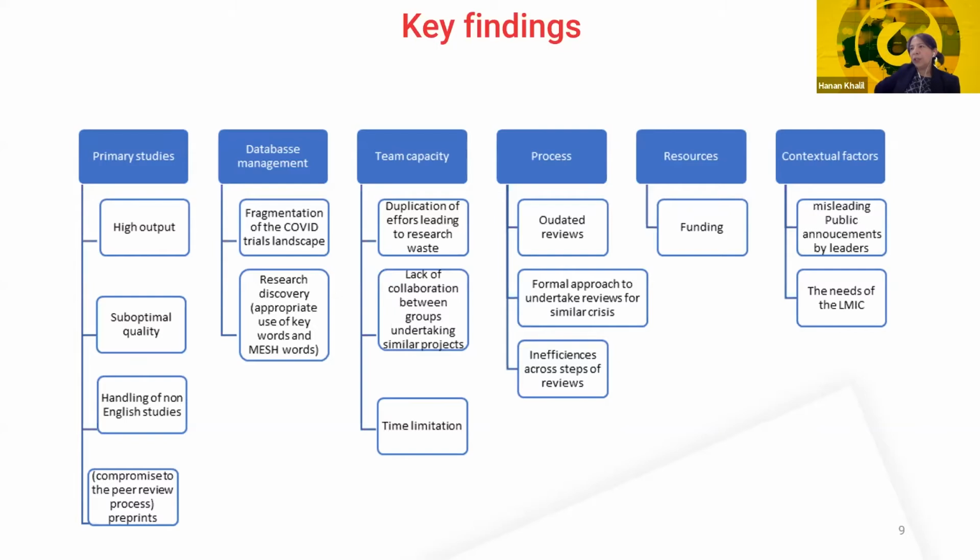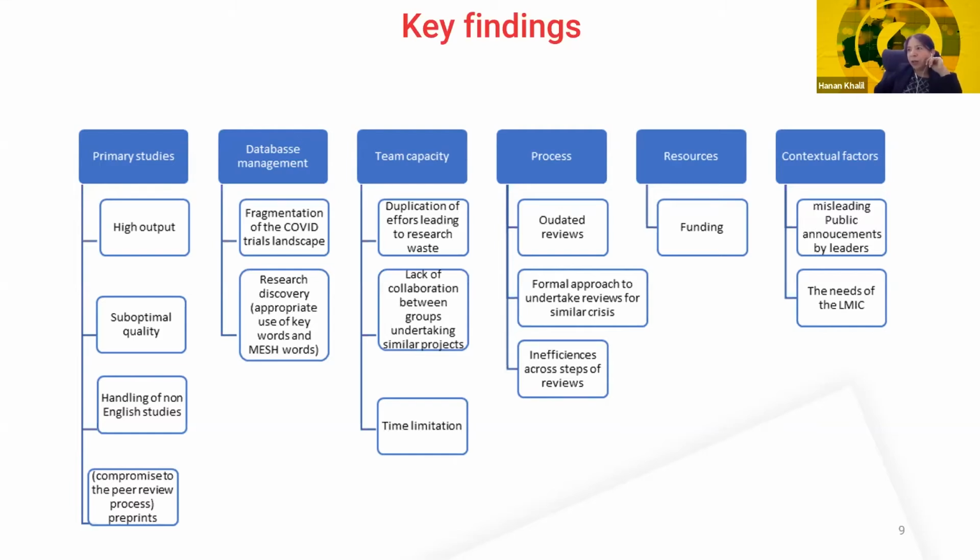There were also database management issues, so things like fragmentation of the COVID trials landscape. A lot of grants and funding have been thrown at research, management and treatments for COVID, and many platforms have been initiated for this, and many of them were doing similar work.